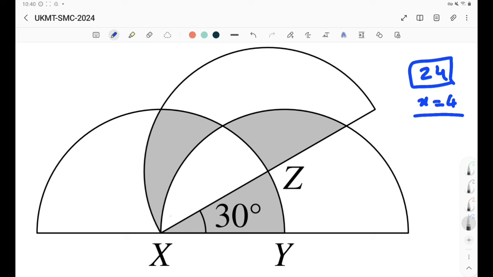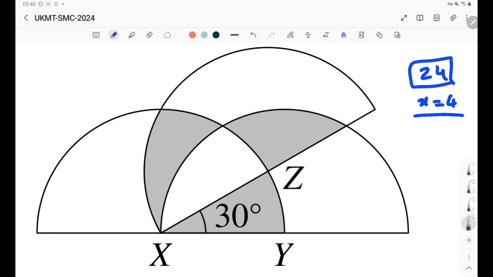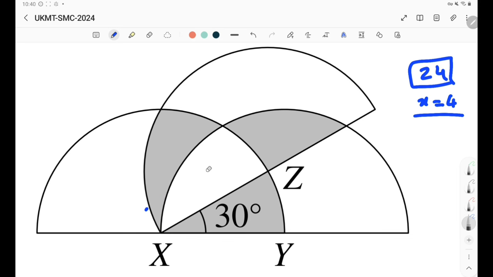Well, let's see. If you look at this shape here, focus on this shape. Now I want you to focus on this shape. Aren't they identical? They're just the same. And remember that all the circles have the same radius. So of course they are equal.